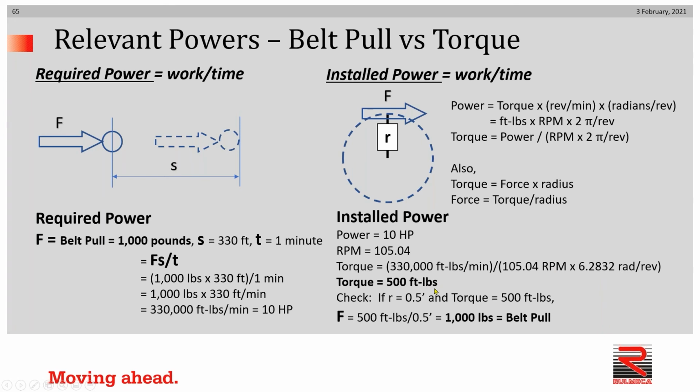Now we'll do a quick check to make sure that this makes sense. We said that force equals torque divided by radius. If the radius is 0.5 feet and the torque is 500, is the belt pull correct? Yes, because 500 foot-pounds divided by 0.5 feet gives us a belt pull of 1,000 pounds.